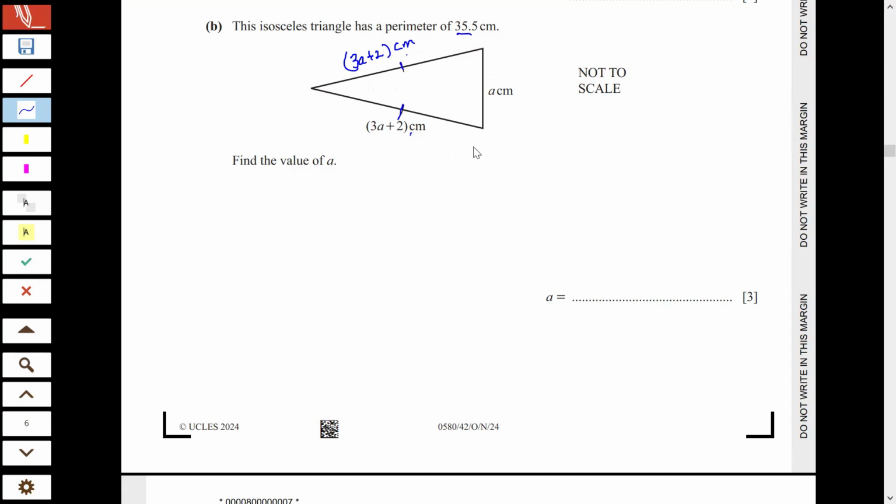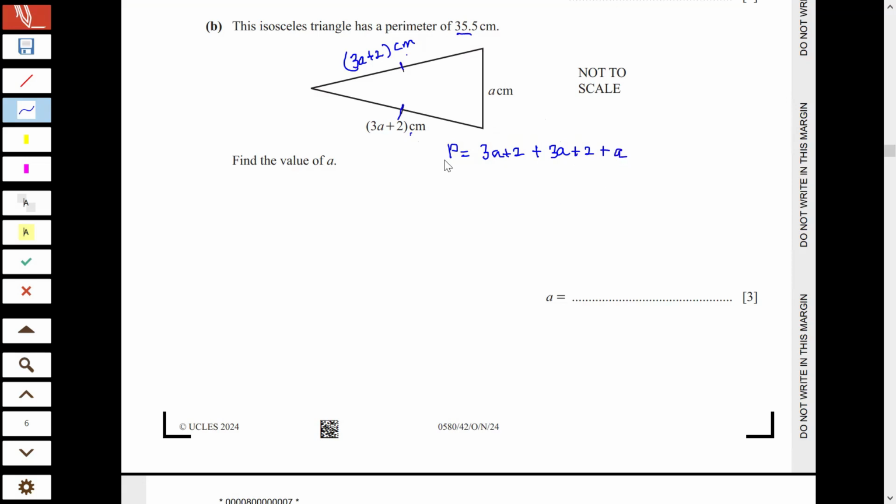So if I say the perimeter P is equal to 3a plus 2, and plus 3a plus 2, and then plus the other side, which is a, the length of the other side, a.